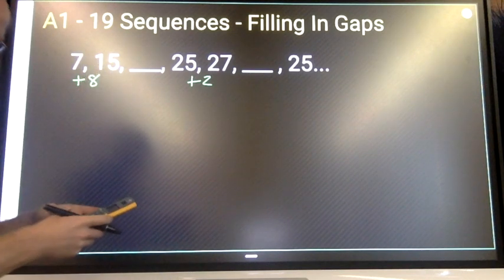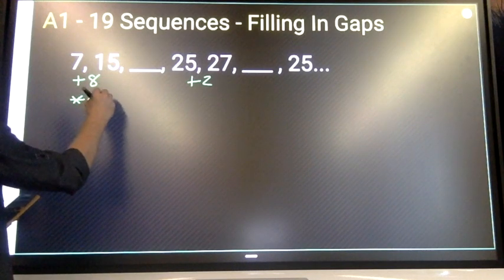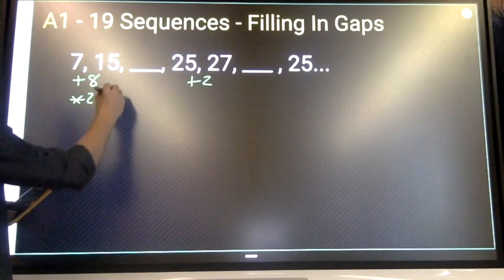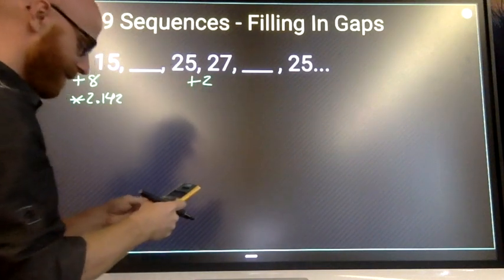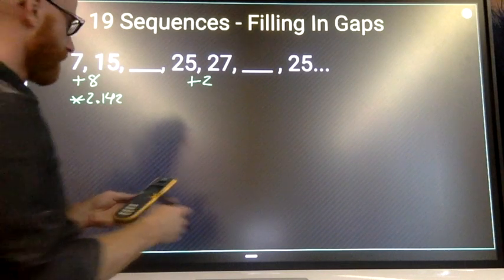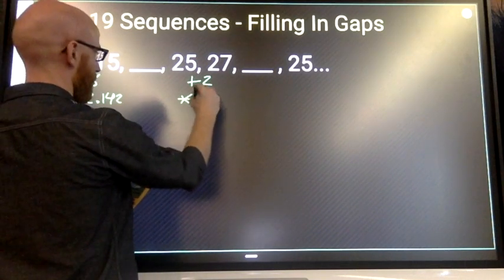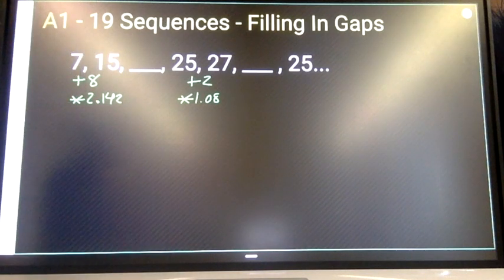Here times 2.142 and some more decimals. Here times 1.08. Okay, so it's not geometric, so it's got to be one of the other ones.